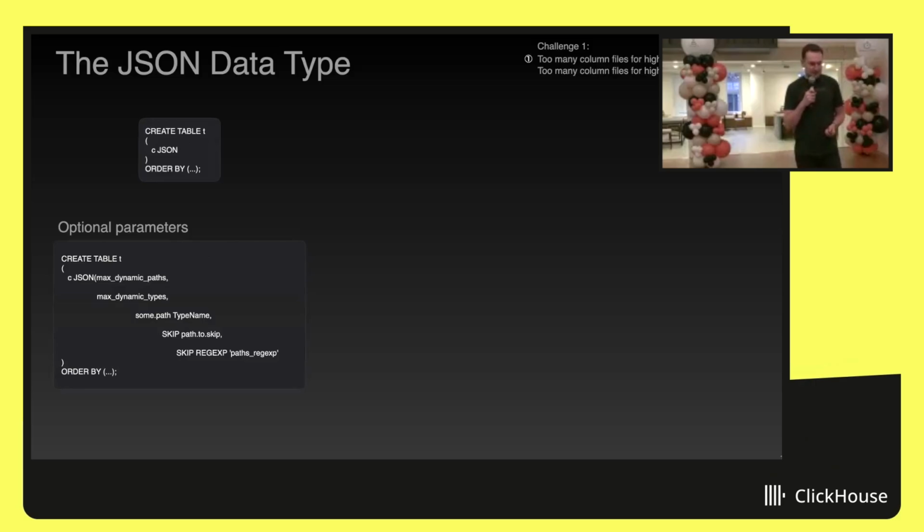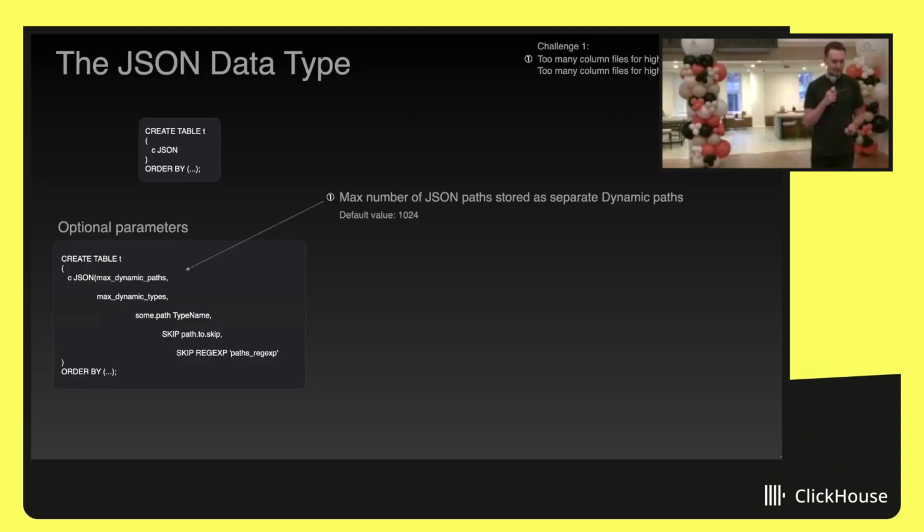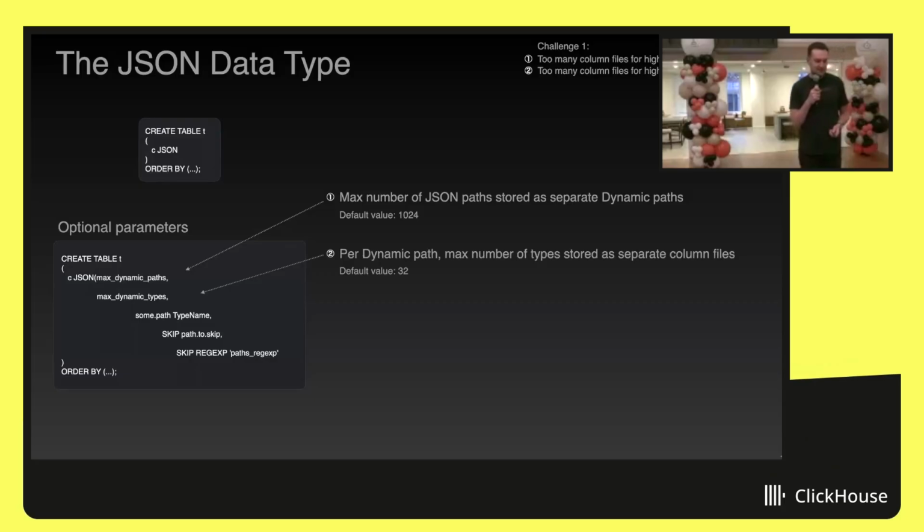Let's take a look. The first is the maximum number of keys stored separately. By default, it is 1024. The second parameter, max dynamic types, is 32 by default.